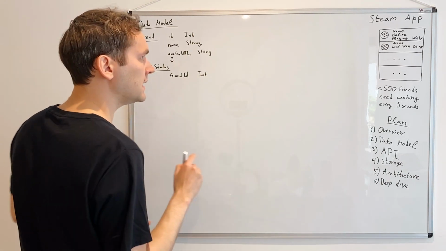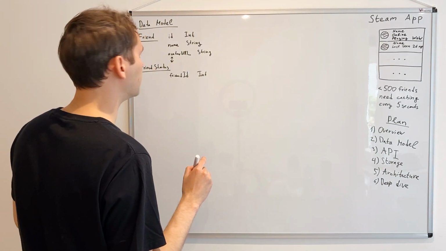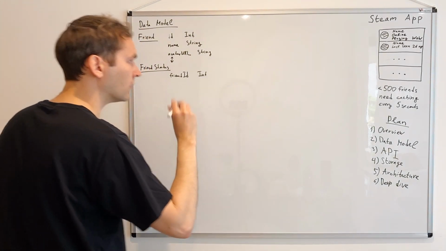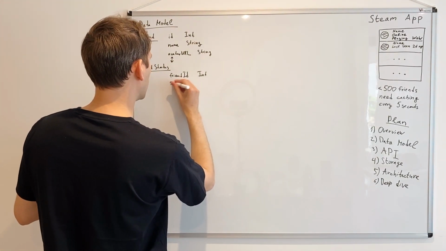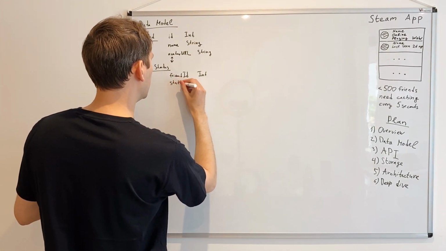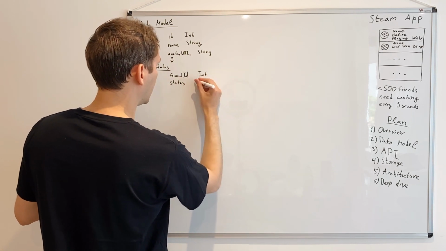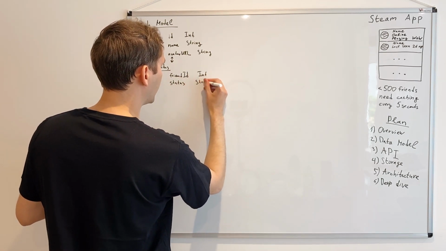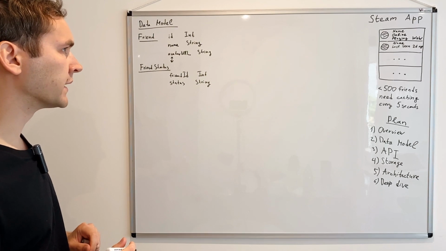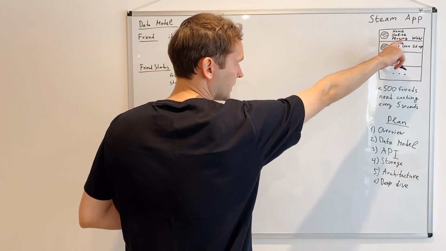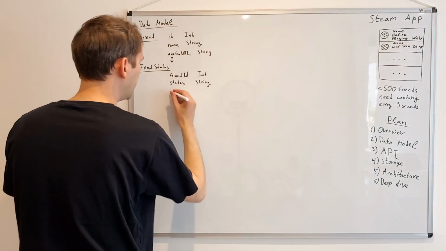Okay, friend ID, integer, what else? Online or offline. So let's call this property status. And let's say it would be a string. What else? If a person is playing some game, we need a game name.